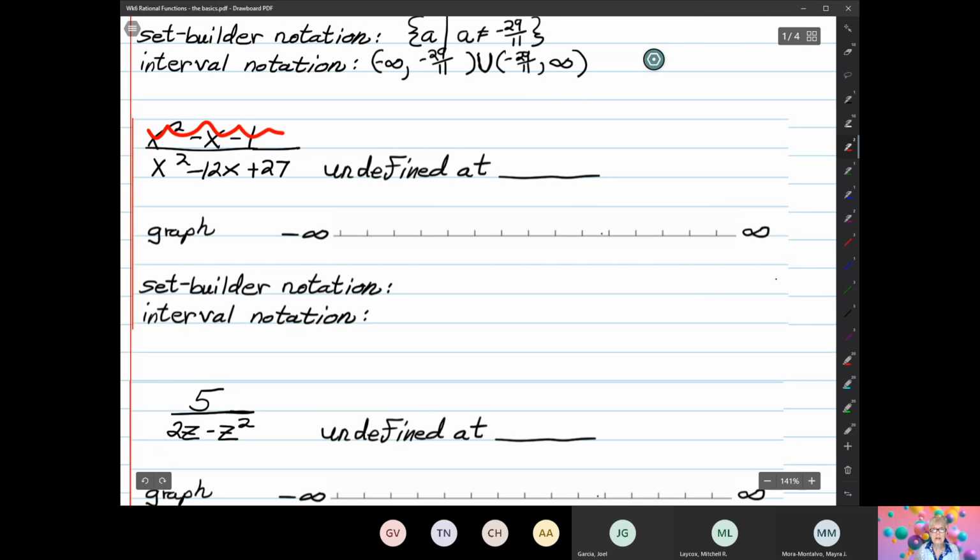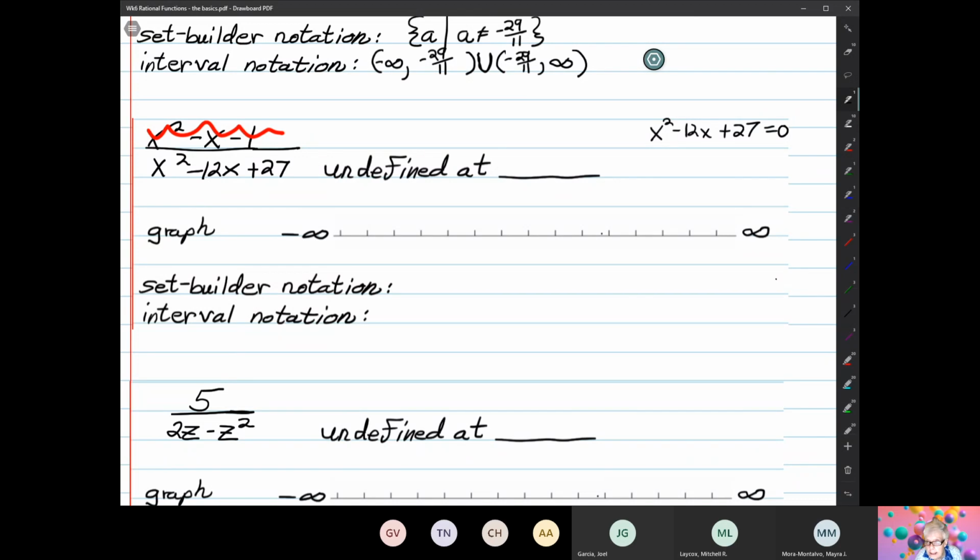I don't care what's there. I am going to take x squared minus 12x plus 27 and set it equal to 0 because I need to find the x that will make that equal 0. And then take those numbers out.